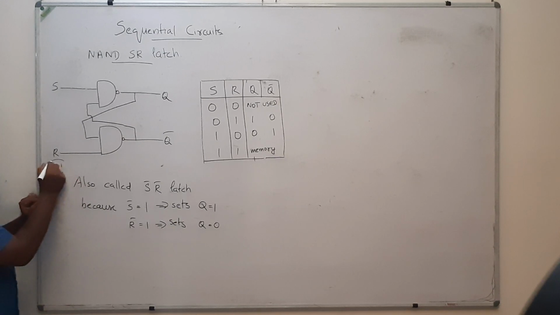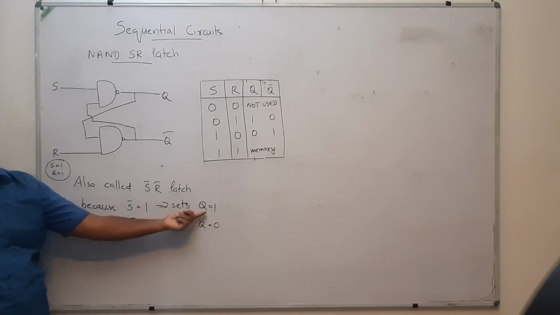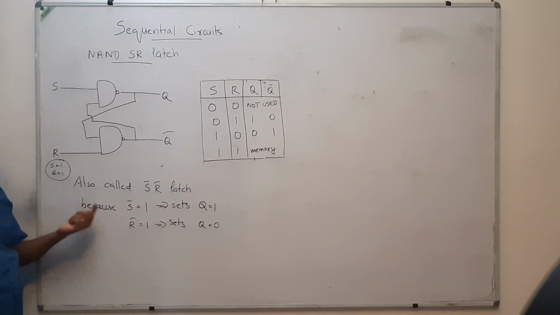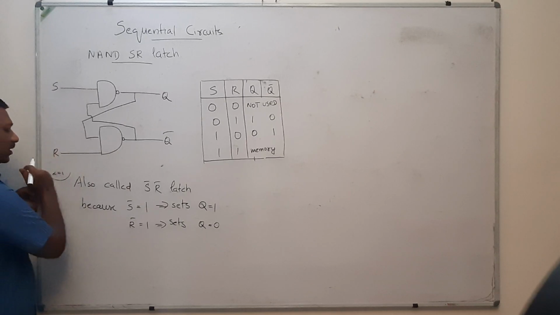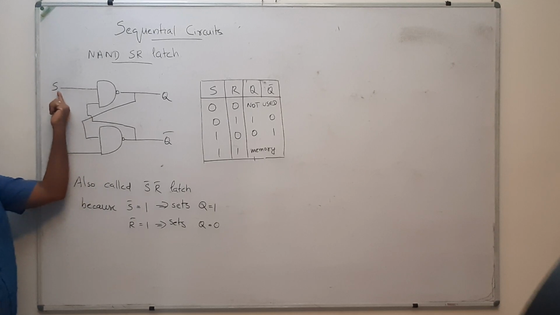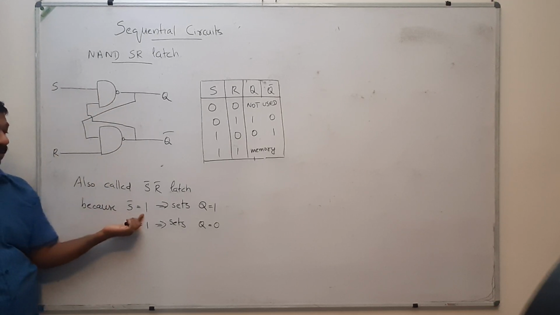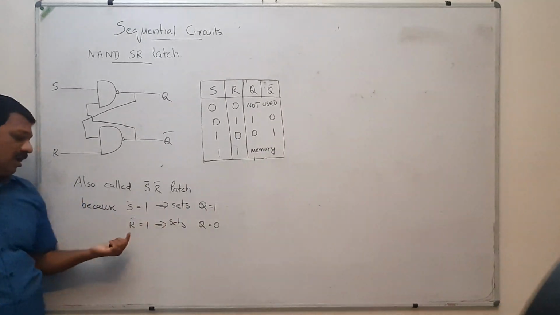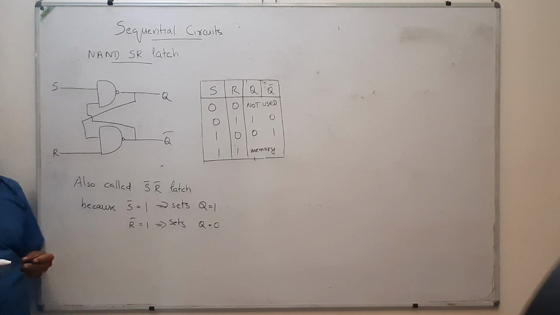In the case of the NOR latch, when S is equal to 1, Q is set to 1, and when R is equal to 1, Q is set to 0. Here in this case, there is a minor difference. When S bar is equal to 1, that means when S is equal to 0, this is active. That means when S bar is equal to 1, it sets Q equal to 1, and when R bar is equal to 1, it sets Q equal to 0.